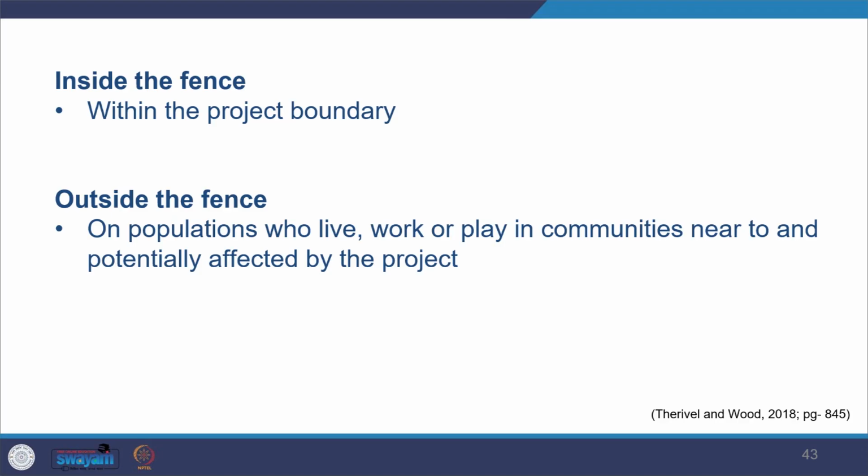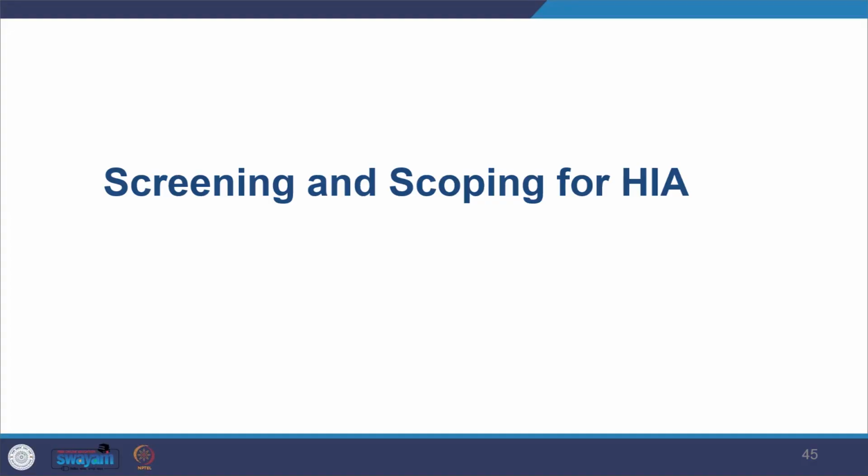And also sexually transmitted infections can originate from the inside-the-fence workforce. So the workforce which is inside can also spread sexually transmitted infections. So the idea under HIA is to evaluate what kind of impact will happen because of the proposed project on the local community.